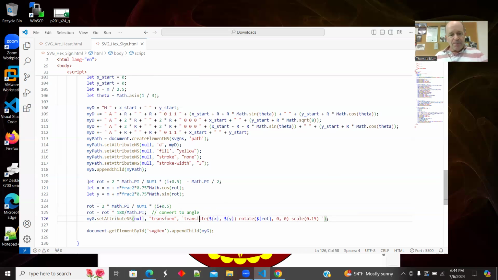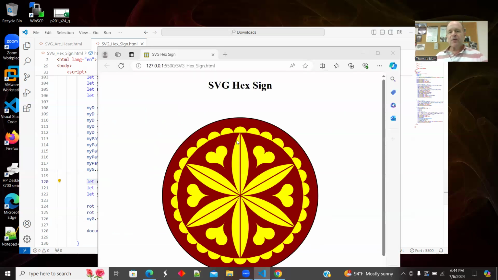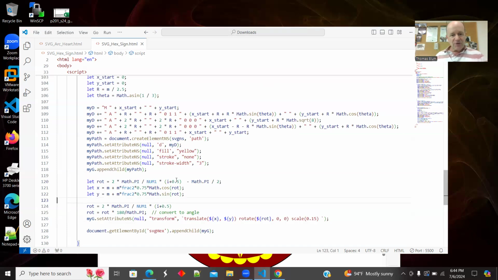I have this sort of rotational angle, sort of similar to what I had above for the petals, but I'm sort of going another sort of partial rotation on each of these to be sort of in that inner space. So that's this half. So up above in that first loop, you would see 2 pi divided by num times I. I've added in an extra half to get me in that sort of in-between area.